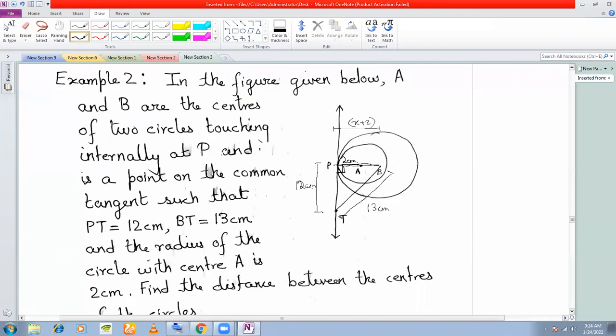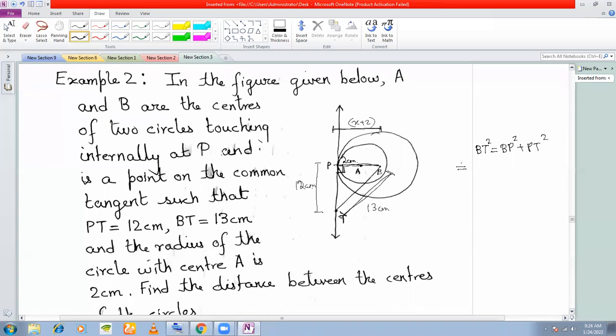That means this must be a 90-degree angle, right? And this is x plus 2. So which one is the hypotenuse here? This becomes your hypotenuse, right? And if you see the right angle triangle BPT, BT is the hypotenuse. Therefore, what can you write from Pythagoras theorem? BT square is equal to BP square plus PT square, right?